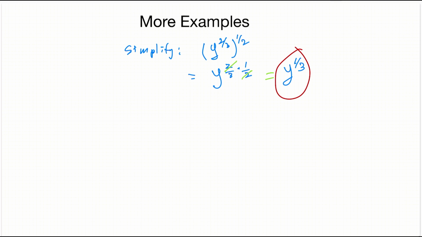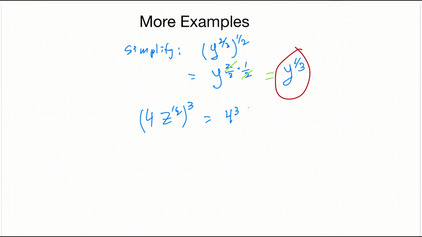Let's take a look at one more example. We're going to have 4 times z to the 1/2 power, quantity cubed. So now what we can do is we know that we can move out the 4 cubed. So 4 cubed, we can move that out.